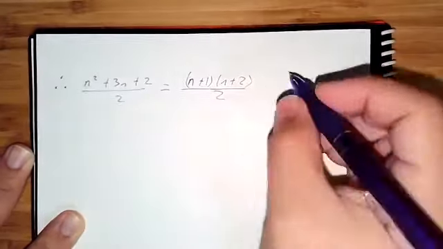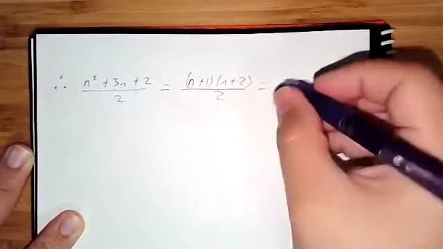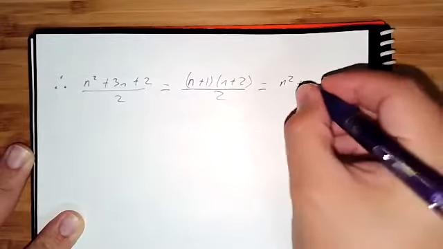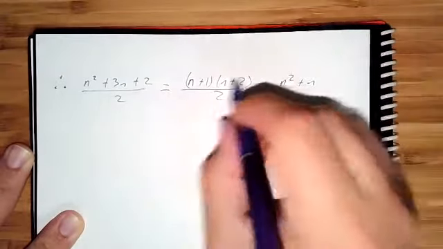All right, now let's go ahead and show that. So multiply that out, that'll be n squared plus n. Right.